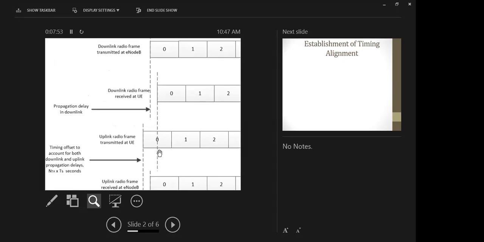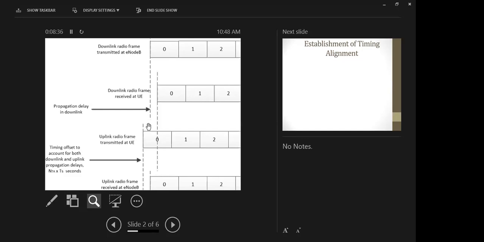So the E node B gives continuous instruction for time adjustment at the EV end, and that piece of information is called timing offset. This is the amount of time that the EV uses for the difference between its reception and transmission.